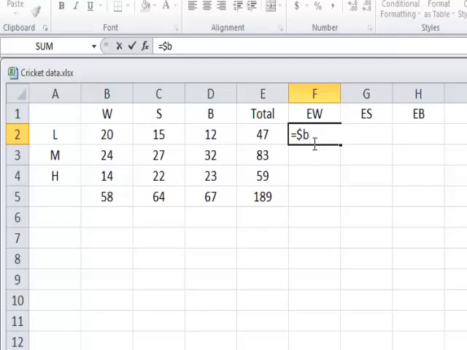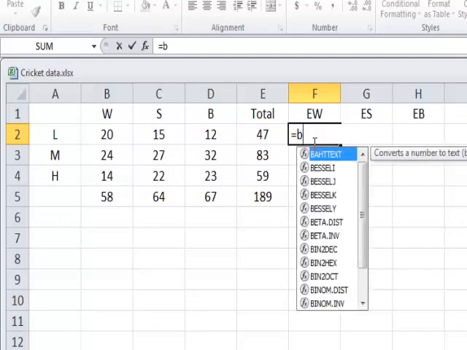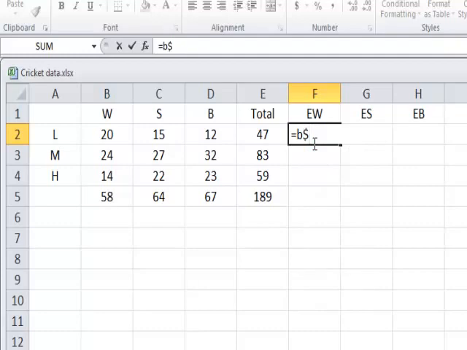As I go down, the 5 will keep changing. I don't want the 5 to keep changing. B will remain the same. $5. Yes, $5. Now, as this goes down, the 5 will remain fixed, and the B will not change.